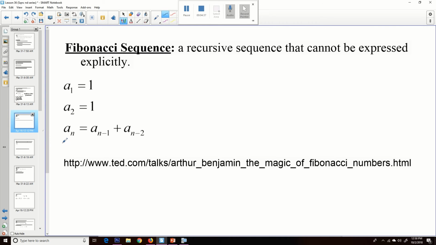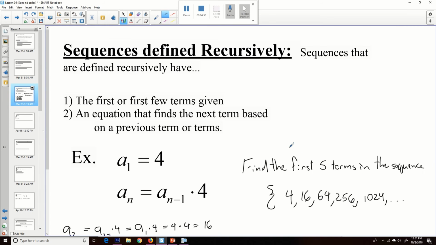Next, the Fibonacci sequence is a recursive sequence that cannot be expressed explicitly, meaning that it cannot have an equation that defines just that set of numbers. Now, we can definitely define this equation explicitly. Don't want to do that just now, but if you need me to do it, I can do it in class.